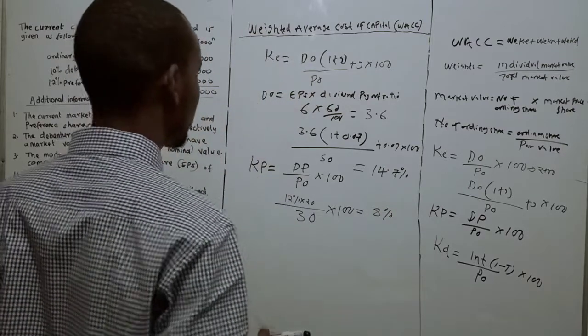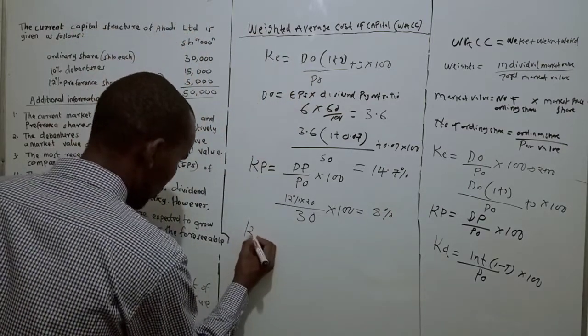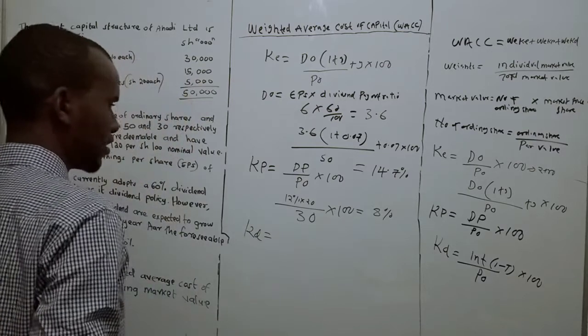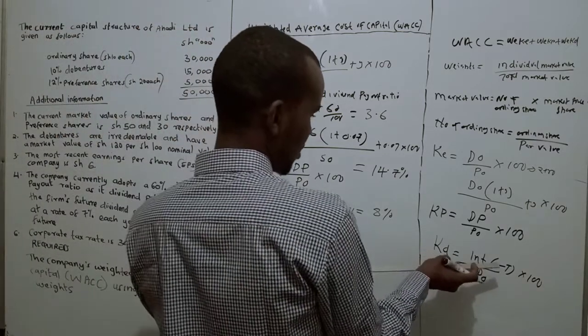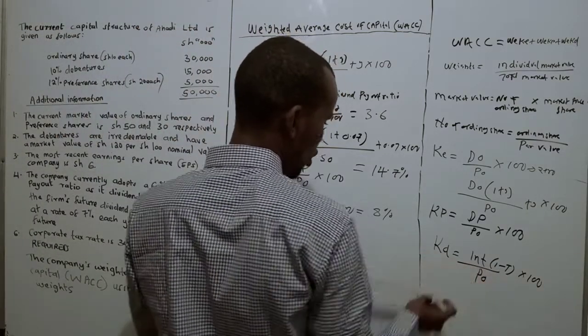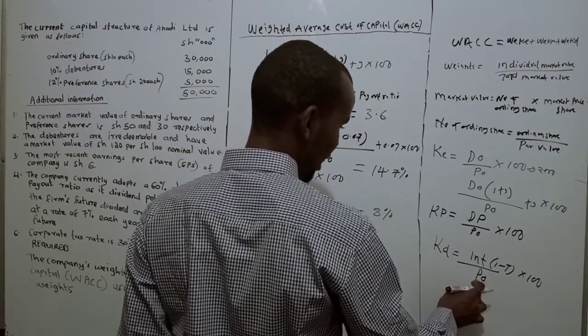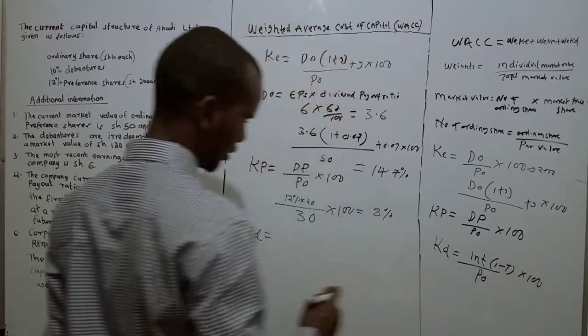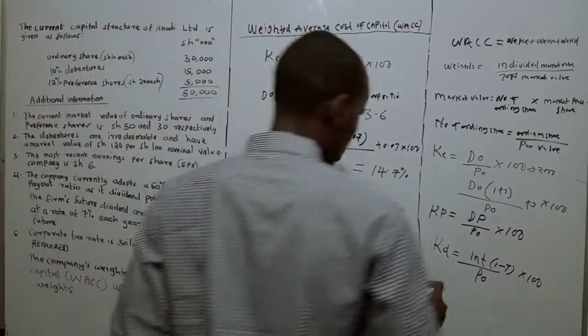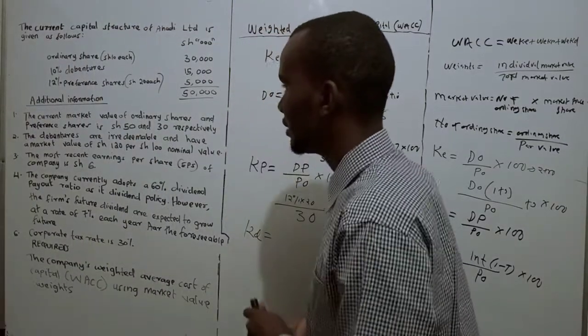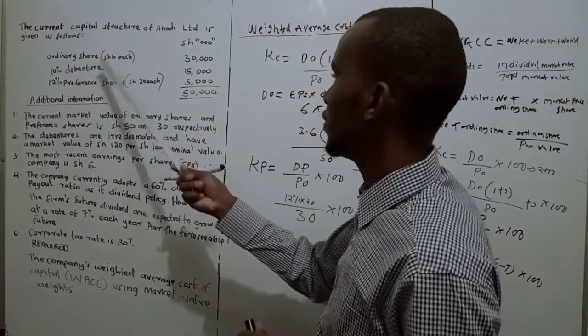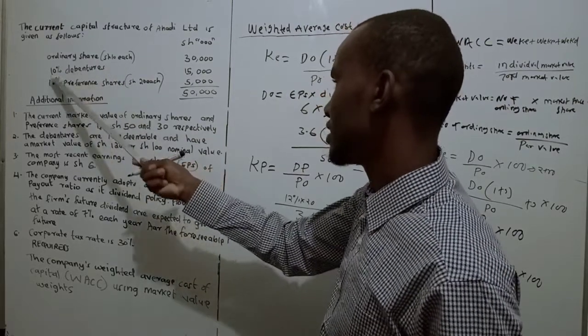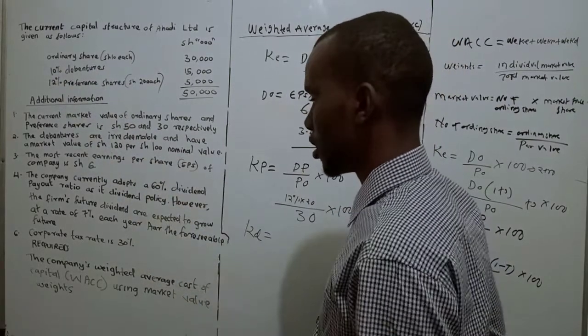Our last cost is the cost of debt. We take the interest, subject it to taxation, divide by the market price per debenture, then multiply by 100. From the question, we get the interest by multiplying the par value by 10%.